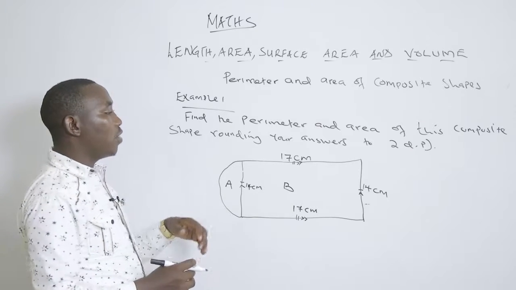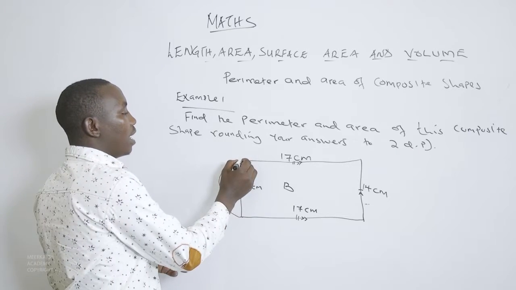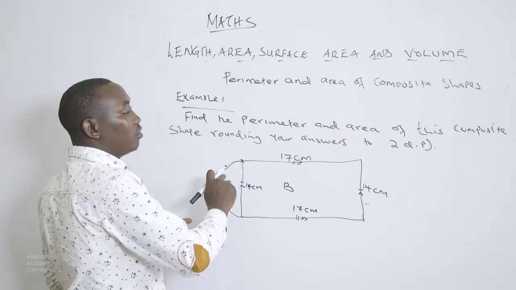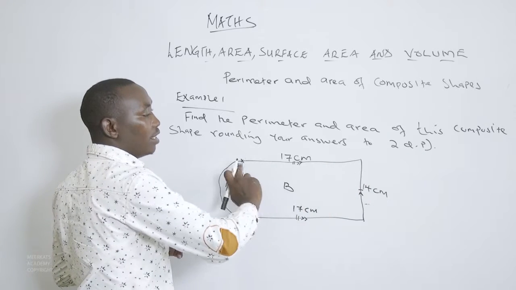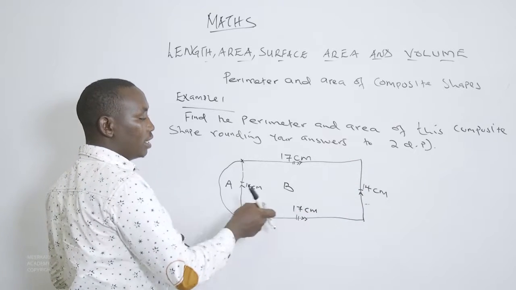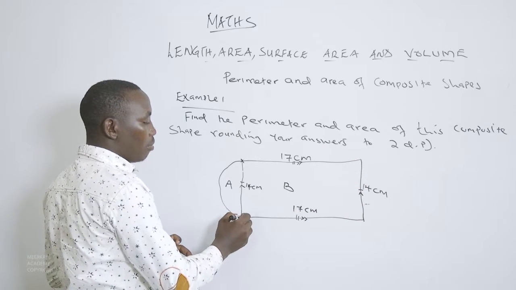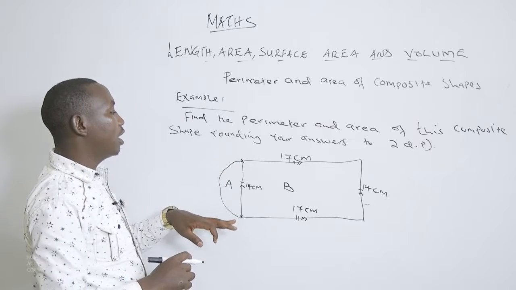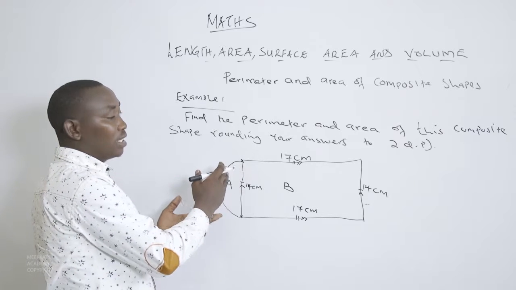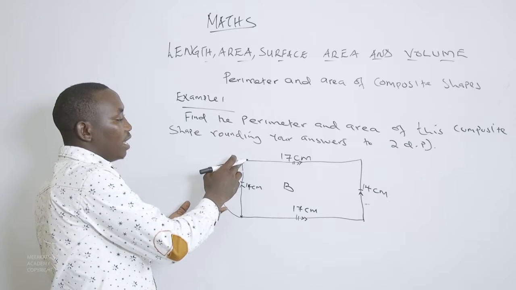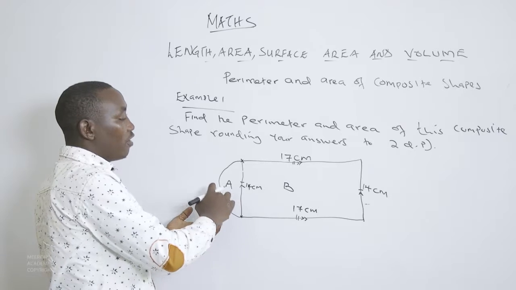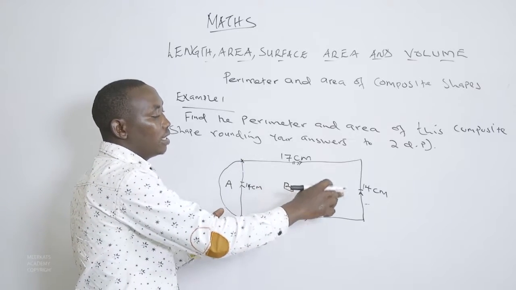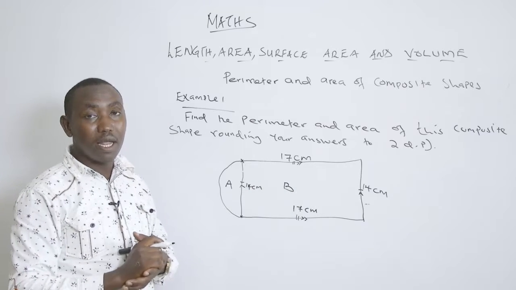In case you want to get the perimeter, let's assume we begin from this point. You move along the three straight lines, that is 17, 14, 17. Then at this point, you go round the semicircle. So for part A, we need to get the distance of the circumference of this half circle, then we add the distances along the straight lines.